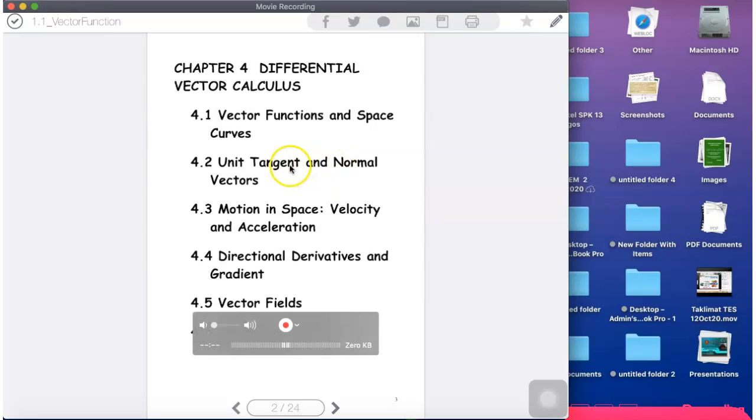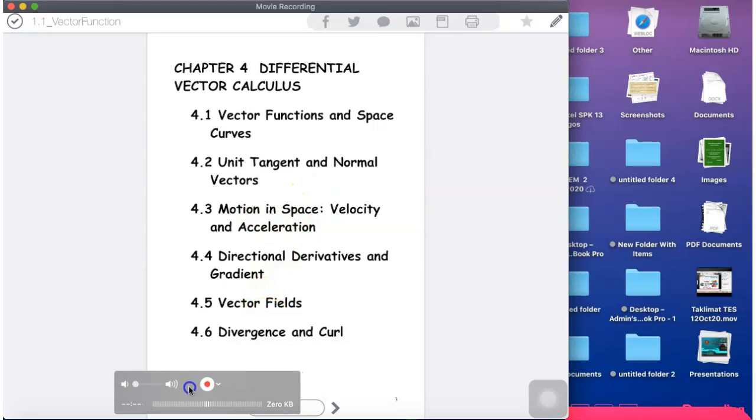For example, you can obtain the unit tangent and unit normal of the vector function, and we can apply the vector function in motion in space in order to get the velocity and also acceleration, and you have many applications later on.